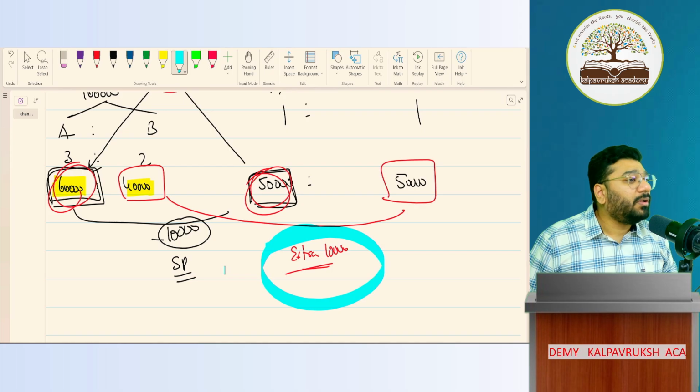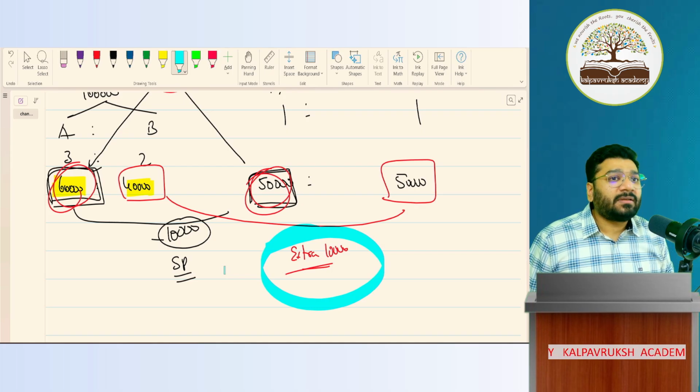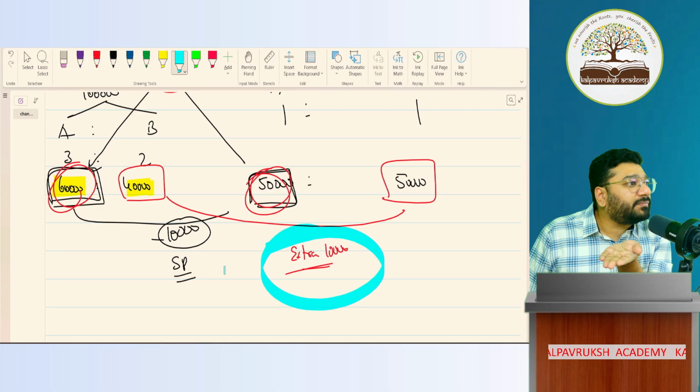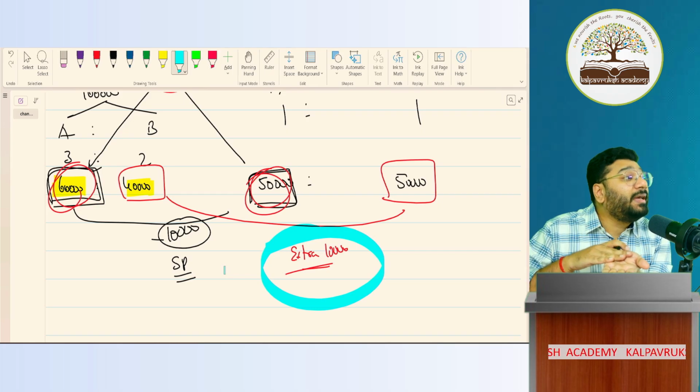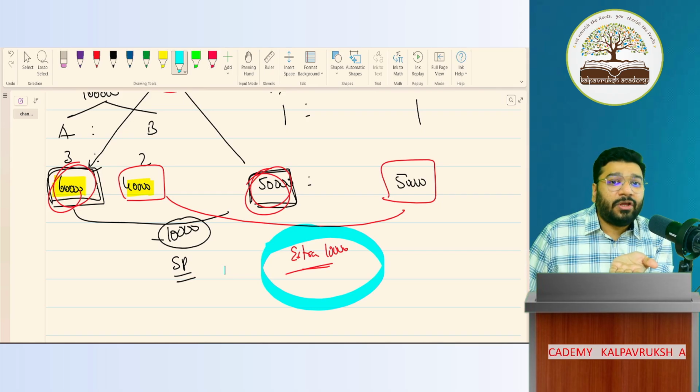Yes or no? In partnership business, the base is relationship. For a successful partnership business, what is the base? A good, healthy, strong relationship. For a marriage, what is the essential requirement? A strong, healthy relationship.